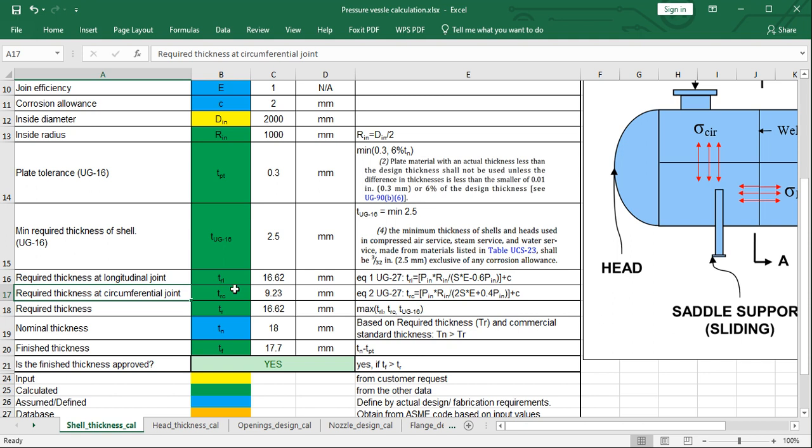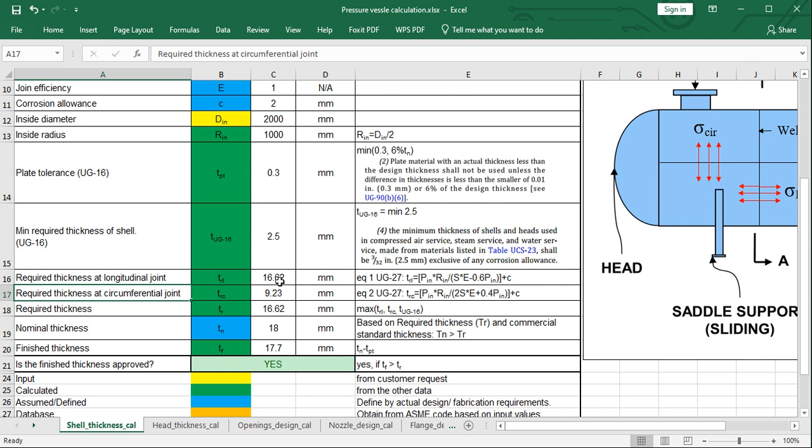The required thickness at the longitudinal joint in this case is from equation 1 of UG-27. It requires some parameters like the internal pressure, inside radius, maximum allowable stress, joint efficiency, and the corrosion allowance.